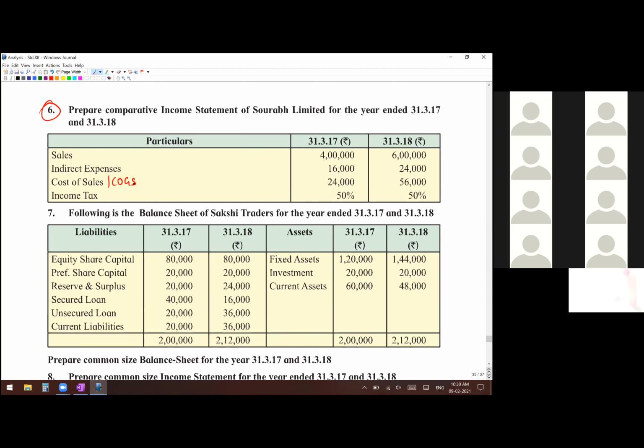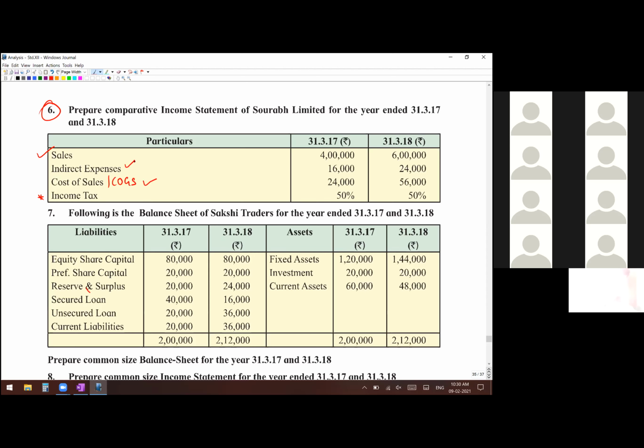Here the addition is income tax. You will have to calculate the tax. We will see how to do that calculation. But remember, your starting point, sales, then you will take cost of goods sold first, get gross profit, then deduct all your indirect expenses, get net profit, and the last calculation will be that tax calculation. One by one we will go and do how it is supposed to be done.